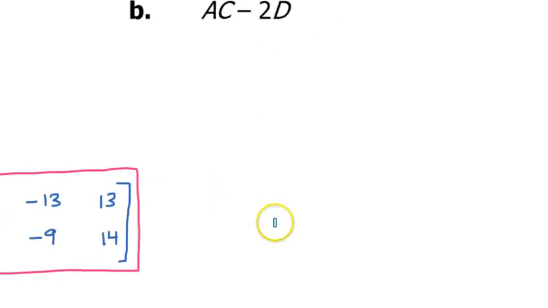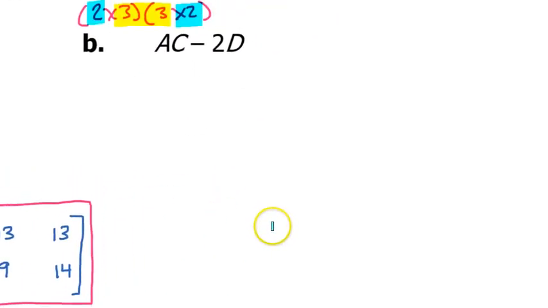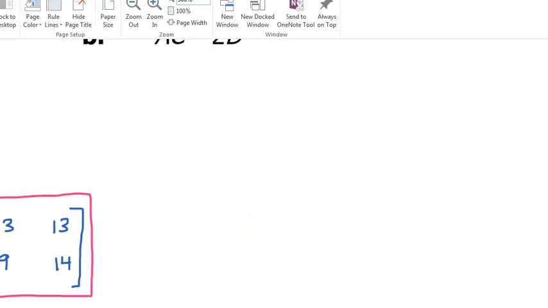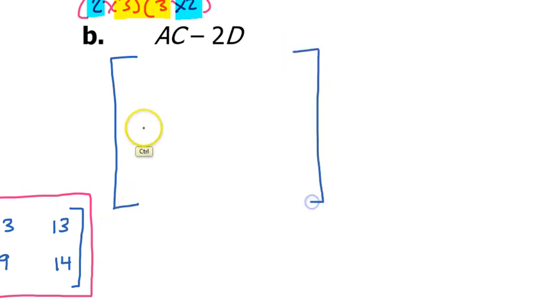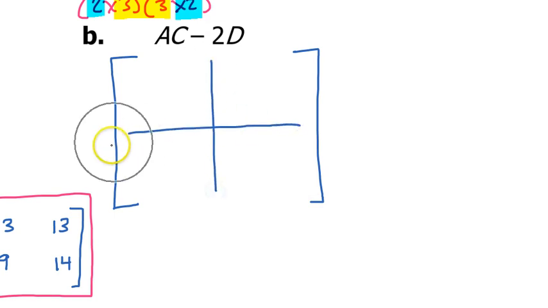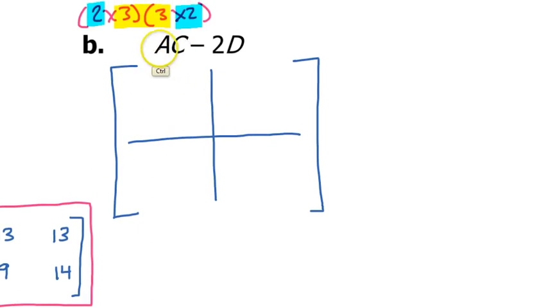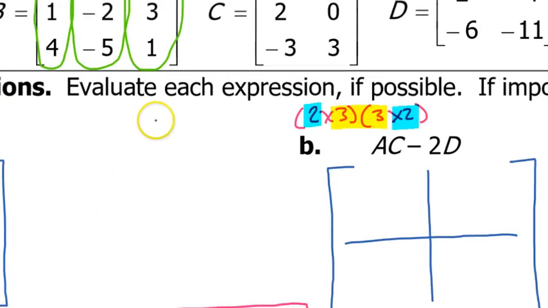So let's go ahead and set up a large 2 by 2 matrix in which we will do our work. This is all for matrix A times matrix C.